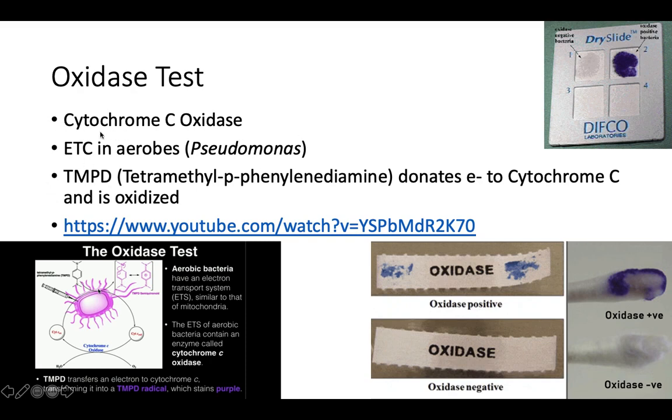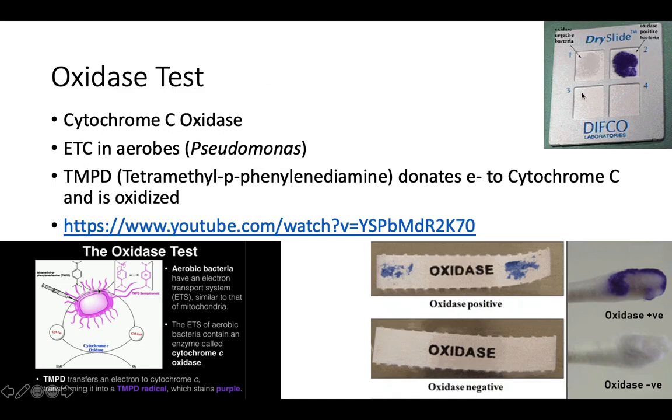So when cytochrome C comes in contact with this chemical, this is the oxidase test reagent. You don't need to know that. That is totally fine. It turns purple. So cytochrome C will donate some electrons to this instead of donating them to the electron transport chain in the bacteria, serving as the terminal electron receiver as it should. Well, anyway, long way to say this.